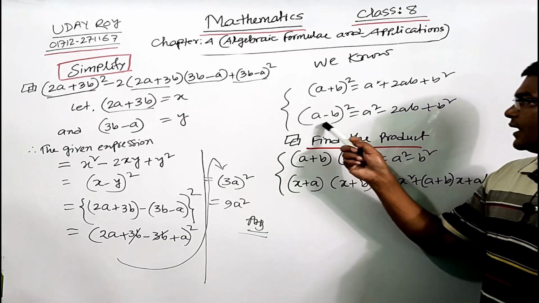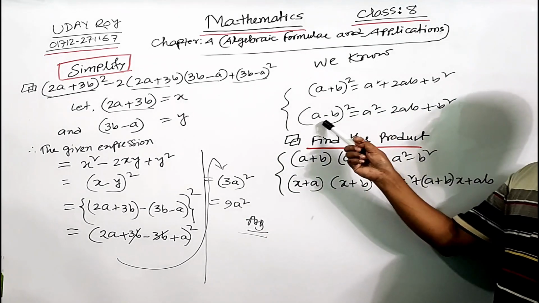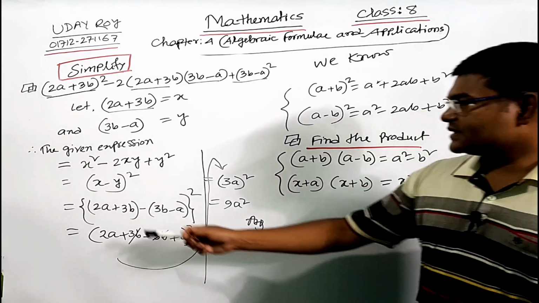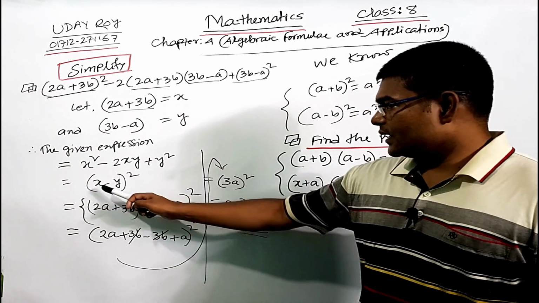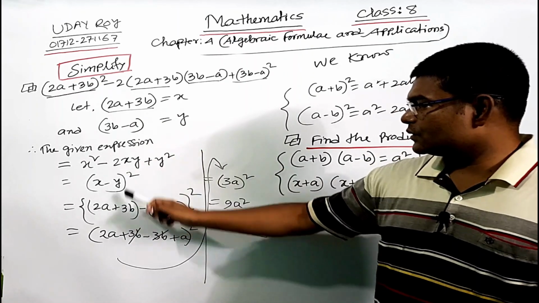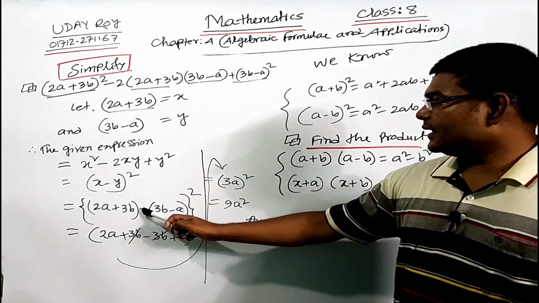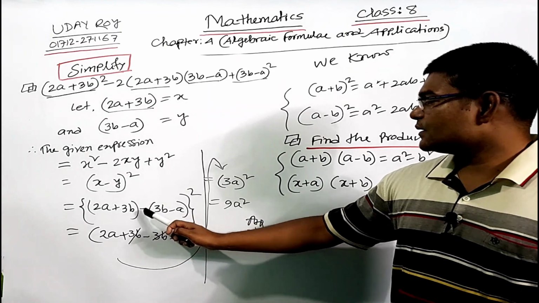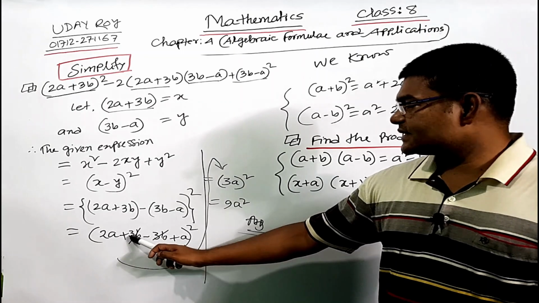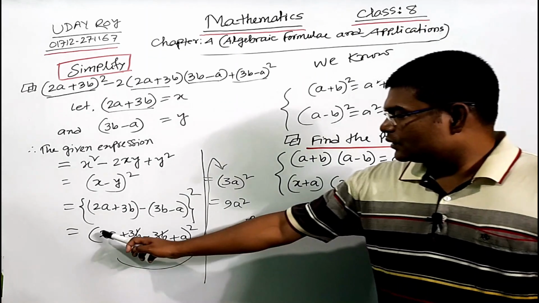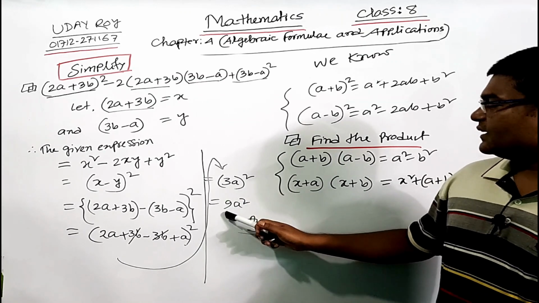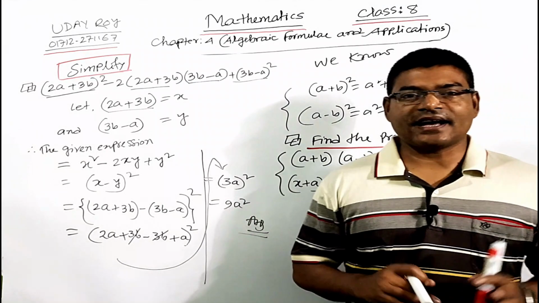According to the rules, (a minus b) whole square equals a square minus 2ab plus b square, so just (x minus y) whole square. Now putting the values of x and y, we draw the bracket: the 3b terms cancel. We have got 2a plus a, 3a whole square. 3 3s are 9. We have got the answer 9a square.